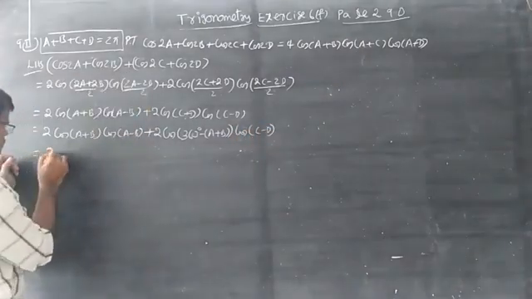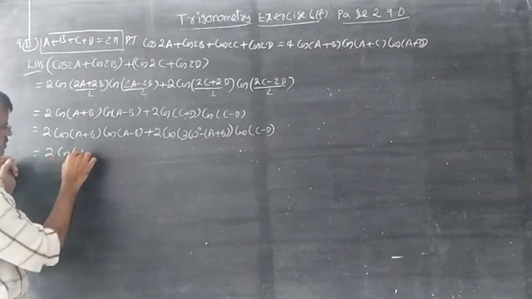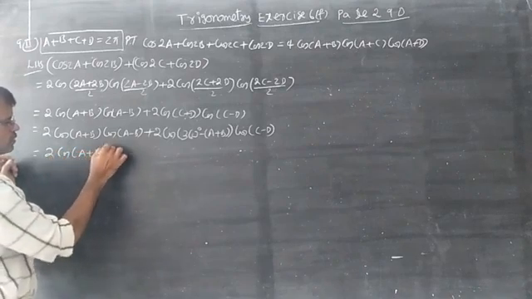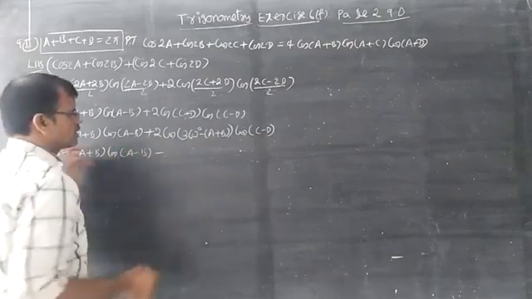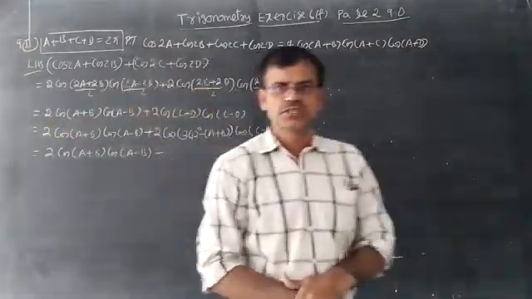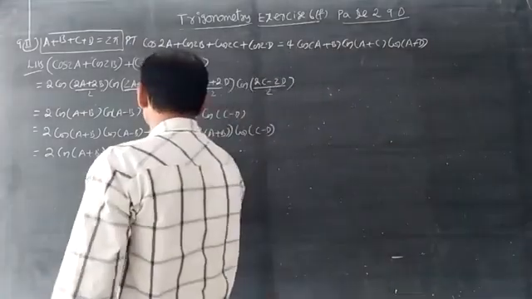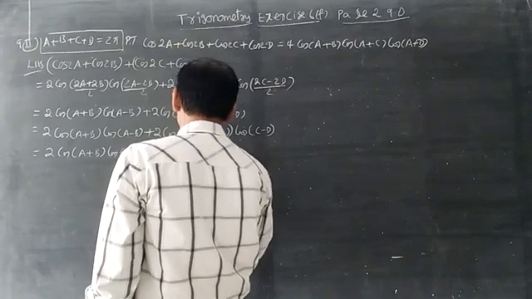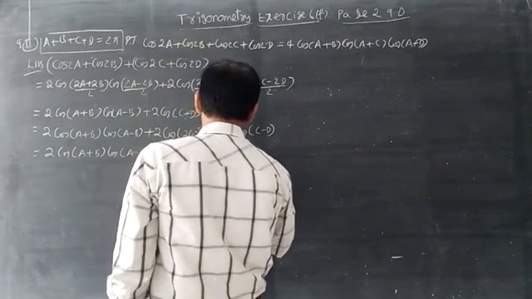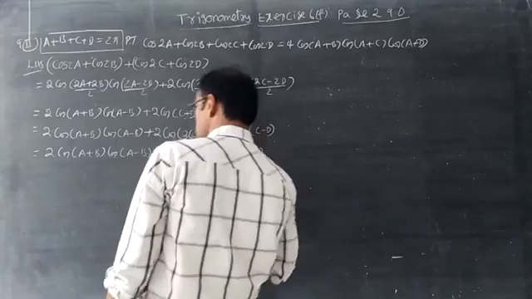That is equal to 2 cos of a plus b into cos of a minus b. Here cos 360 minus theta becomes cos theta. So plus 2 cos of a plus b into cos of c minus d.